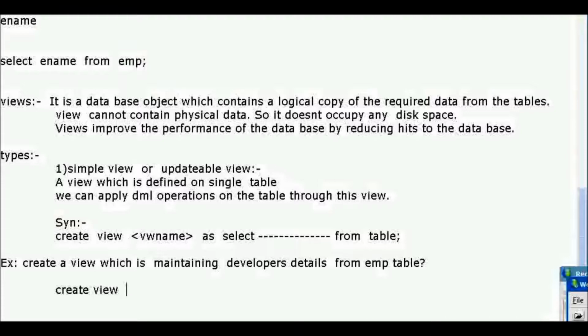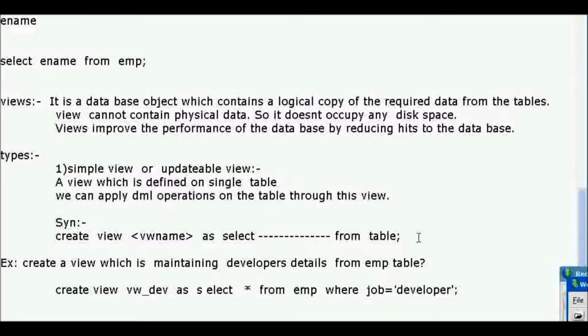Create view VW_DEV as select star from EMP where job equals developer. So this is the query. First it selects the developer details, and that copy of the developer data is maintained in this view.